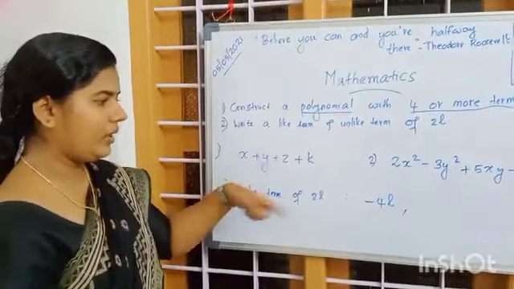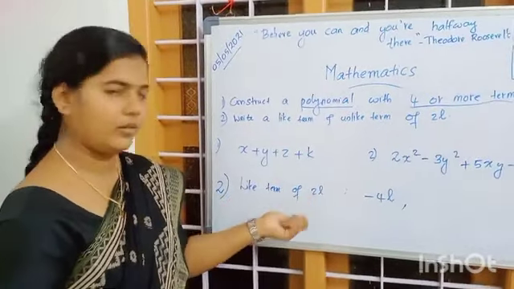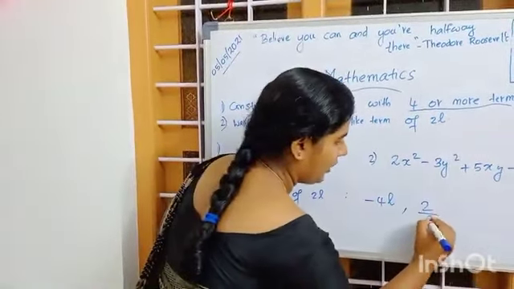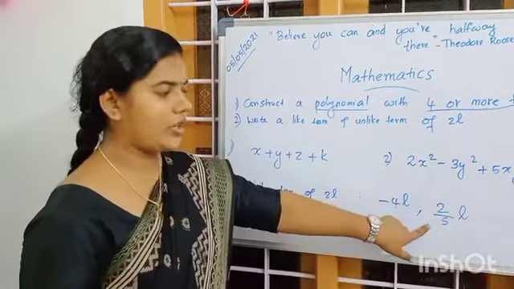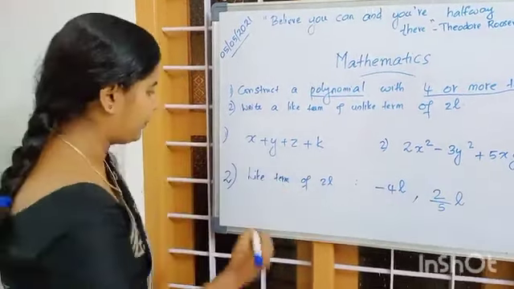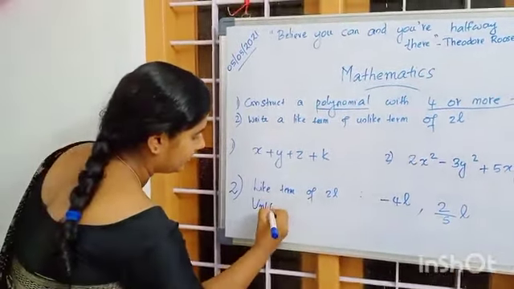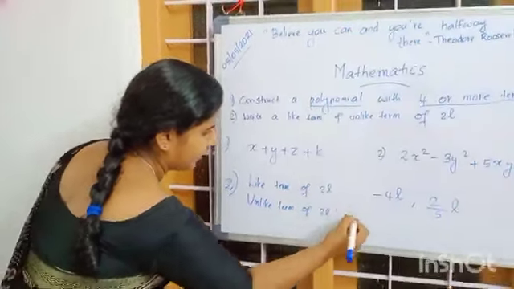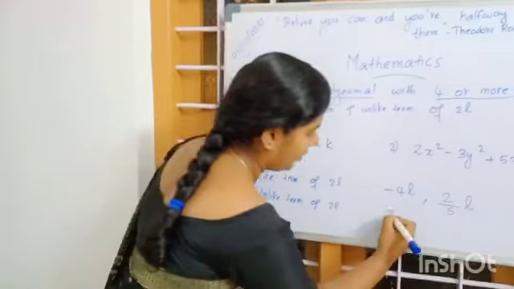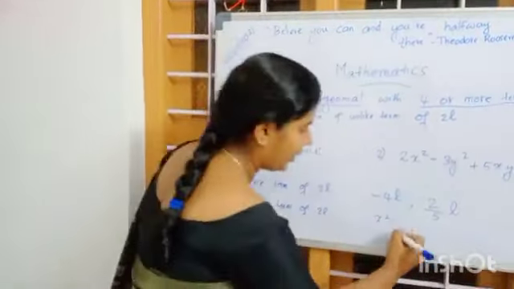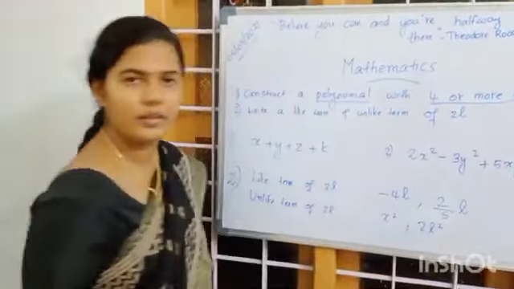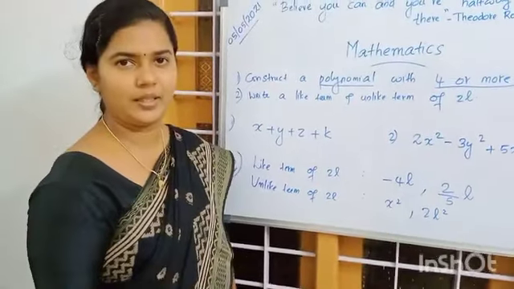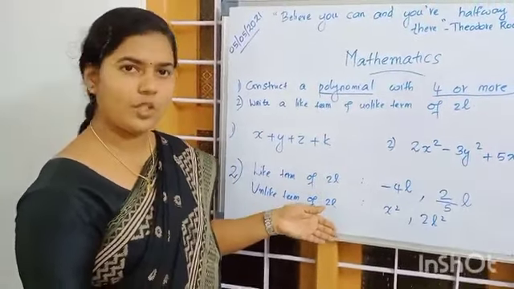We need only one, but I am asking you for one more. Yes, 2 by 5L. If it is fraction, there is no problem. Okay. And what about unlike term? Yes, it's simple. You can write x square. You can write 2L square. All these are unlike terms. I hope this problem is also clear to you.